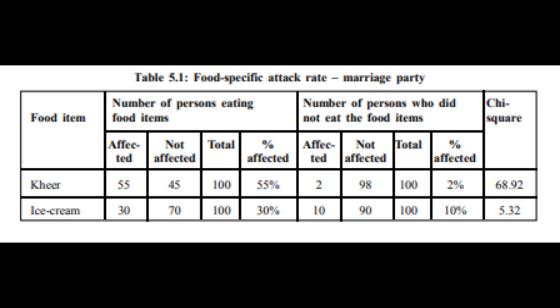Well, the information that needs to be collected can be listed as: 1. Demographic information. This includes name, address, age, sex of both affected and normal individuals. 2. Symptoms. These include diarrhea, fever, abdominal pain, nausea, vomiting, time of onset and sequence of onset of symptoms. 3. Food history.